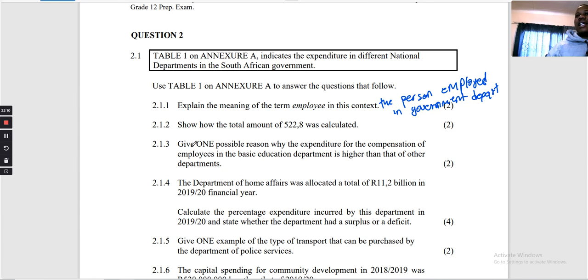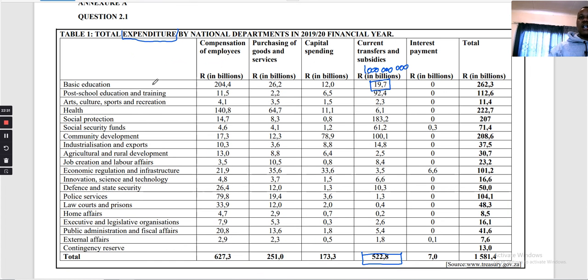Now they're saying, give one possible reason why the expenditure for the compensation of employees in the basic education department is higher than that of other departments. So when you look at the government employees, when you talk about basic education, remember basic education talks about the high school and also the primary.